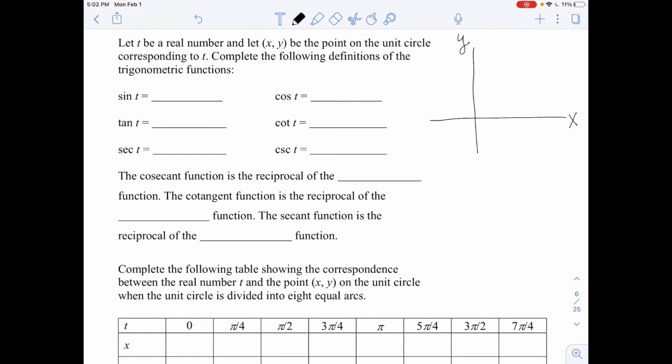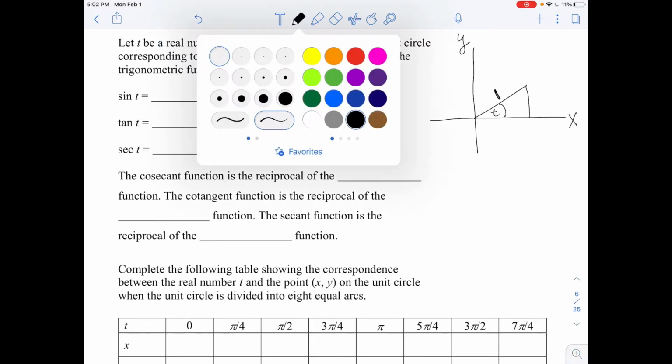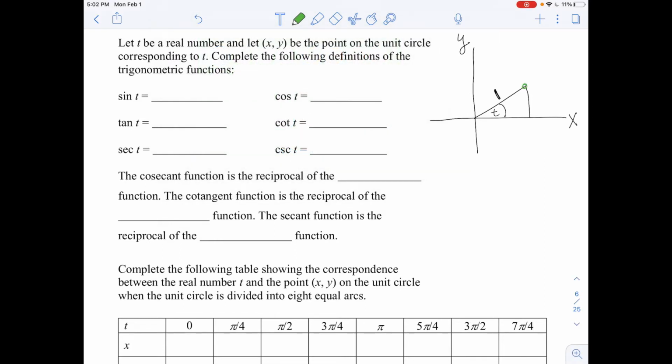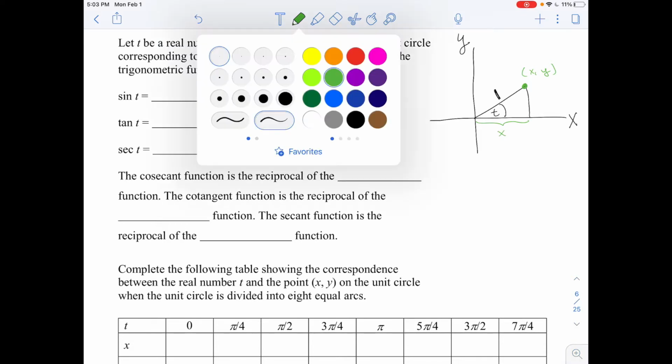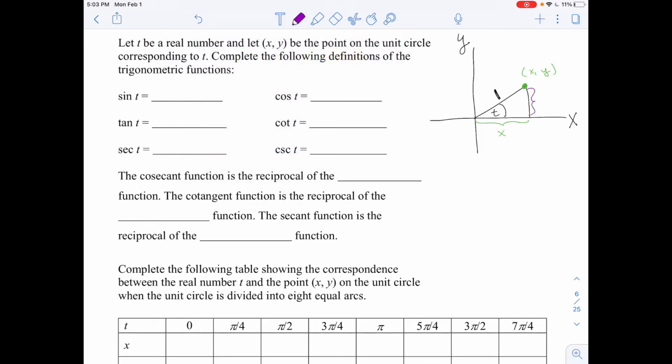So if I draw angle theta or t, and we know this radius is 1, this point right here, we call that x comma y. The bottom portion along the x-axis is the x value, and this vertical portion from the x-axis up to the point is the y value.